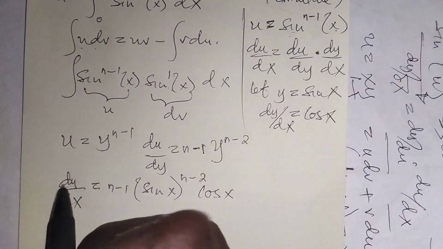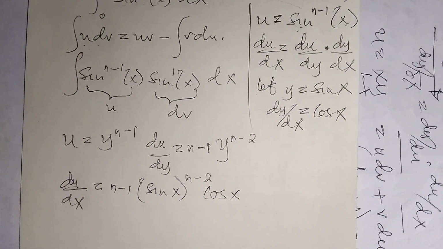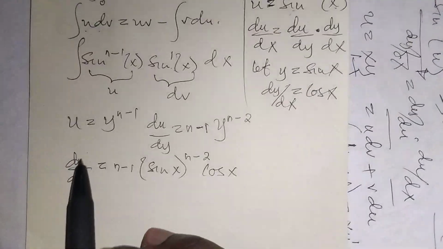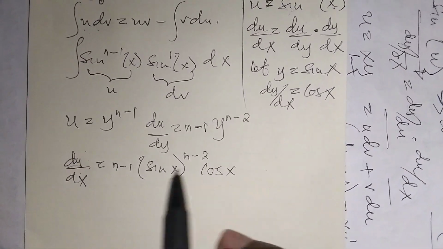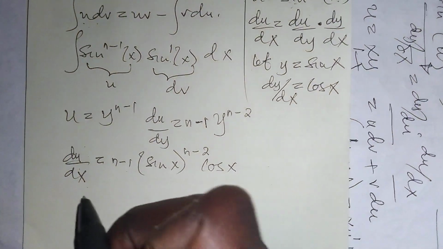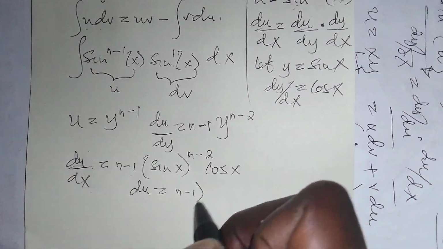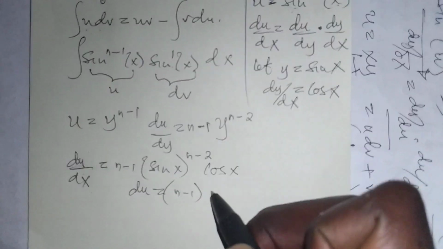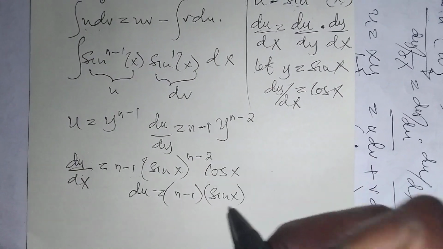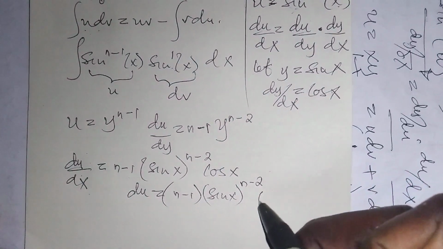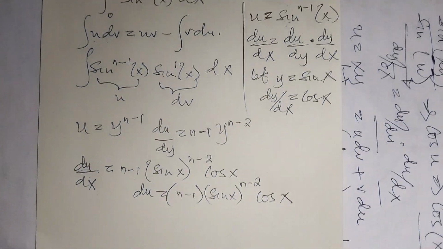So you can make du the subject, so it will be this function times dx. So our du is n minus 1 sine x raised to n minus 2 cos x.